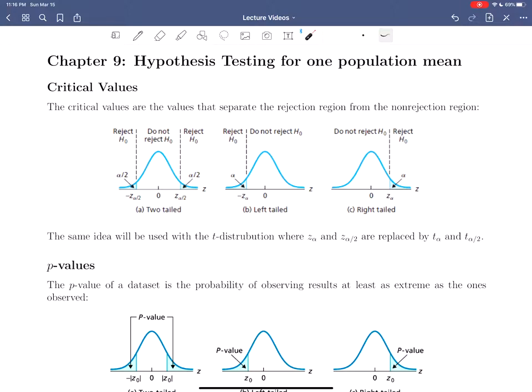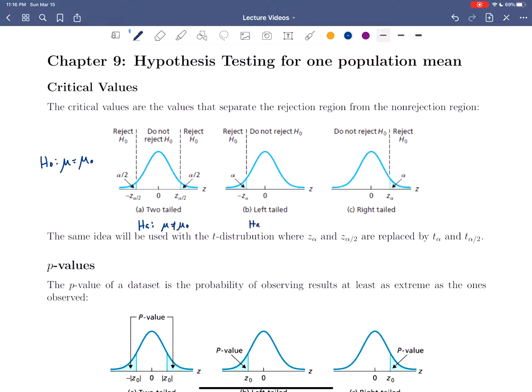Critical value hypothesis testing comes in three different types. The first type is two-sided or two-tailed hypothesis testing. This is where you have your null hypothesis, the hypothesis that nothing is happening, which is always that mu is equal to mu naught, and the alternative hypothesis for a two-tailed test is that mu is not equal to mu naught.